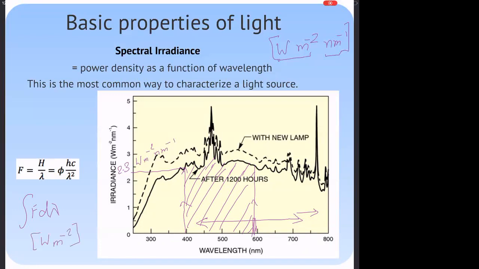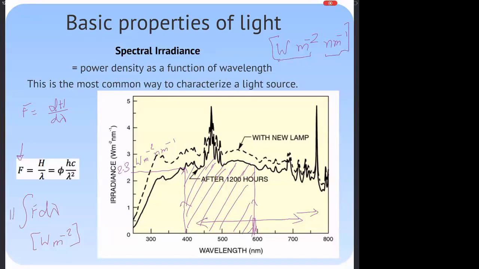Okay. So spectral irradiance, also represented by this F, is simply H divided by lambda, or if you want to do it in a continuous case, F is also more precisely defined as the derivative of H with respect to lambda. So it's how the power density varies with wavelength. So as I said, if you do the integral, you get the total power density back, right?